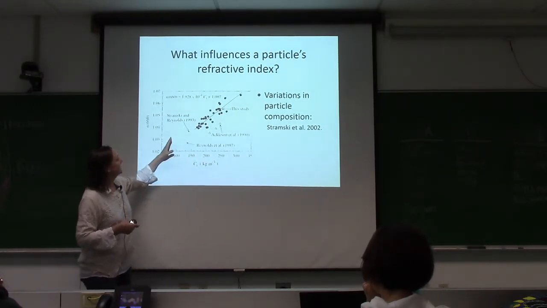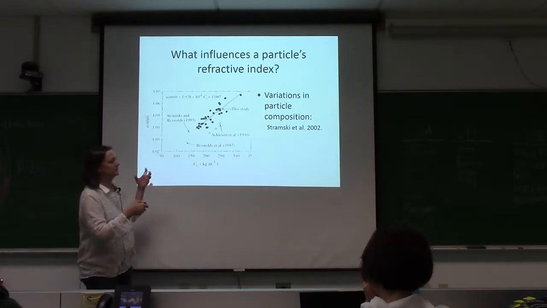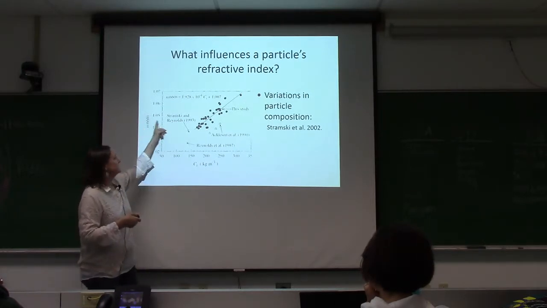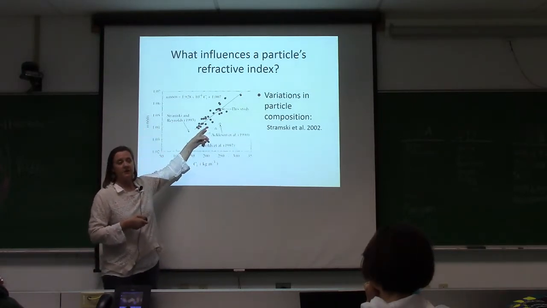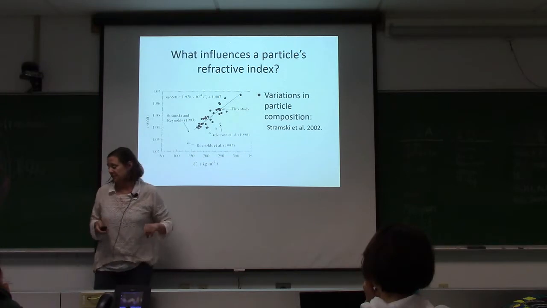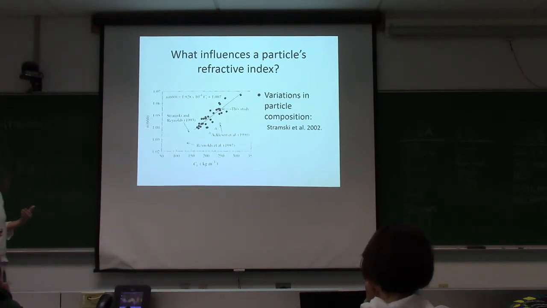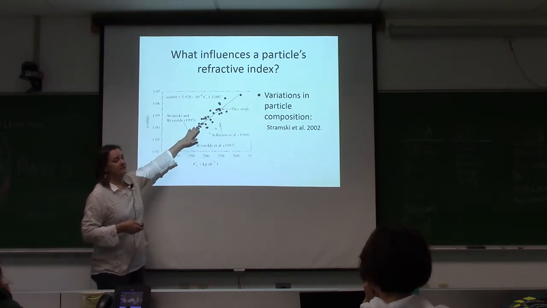As the carbon concentration of the cell increases, the index of refraction changes relatively significantly, from 1.04 to almost 1.07. So the composition of the material has a big impact on its scattering.